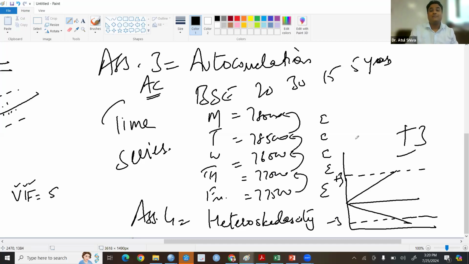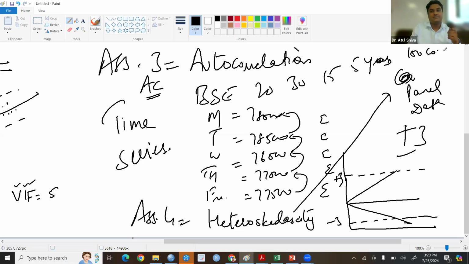This problem exists when you are dealing with panel data. Panel data means you are investigating 100 companies for 5 years. 20 companies of textile, 20 of pharma, 20 of auto sector, 5 sectors you have taken, and 100 companies are there with the last 5 years of data. 5 years means time series, 100 companies means cross-sectional.